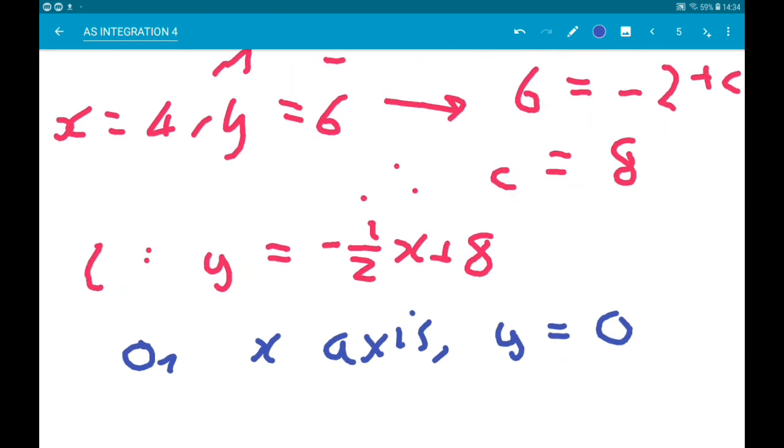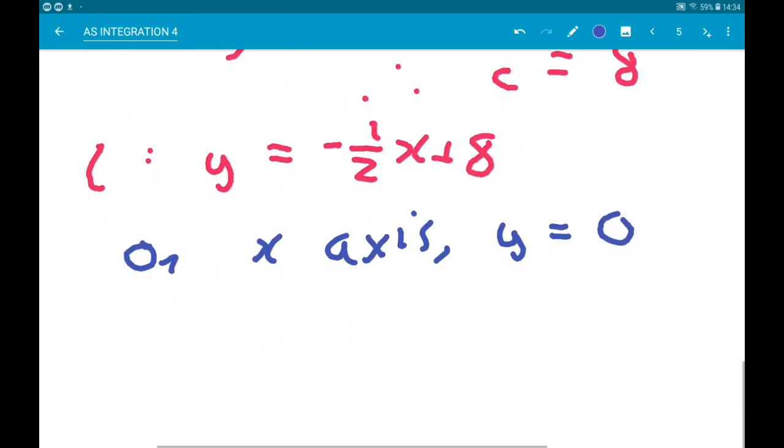So we can set y equal to 0 and solve for x. So we get 0 is minus 1/2 x add 8.